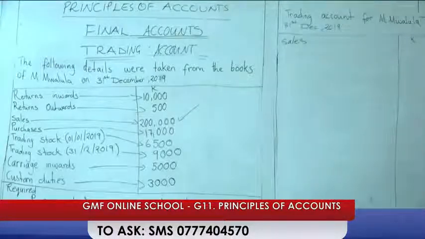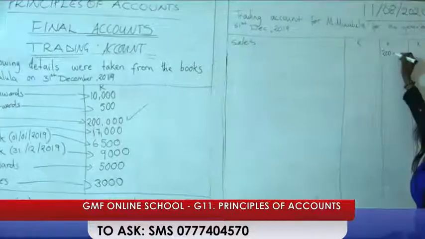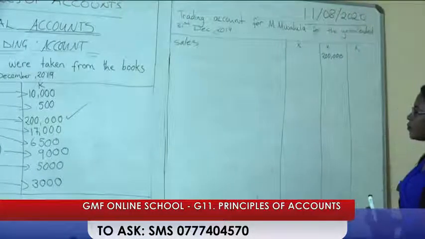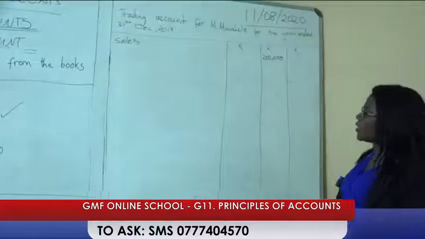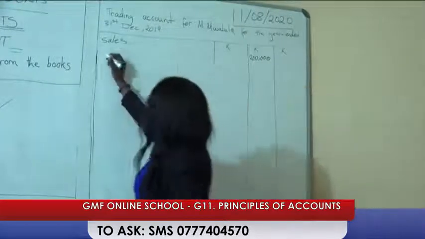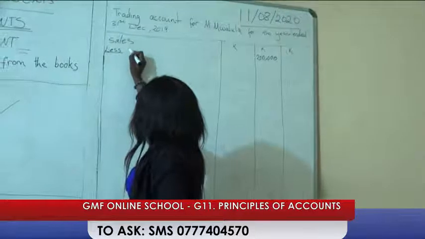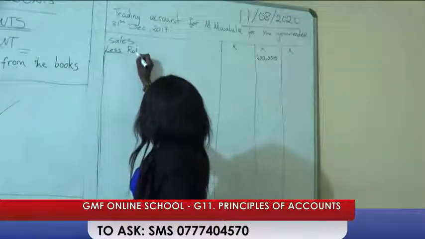So we say sales, which is the 200,000, will be entered in the second column of the trading account. Then less returns inwards.